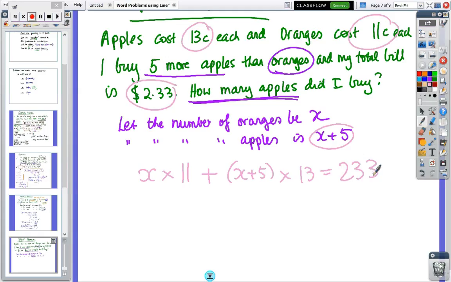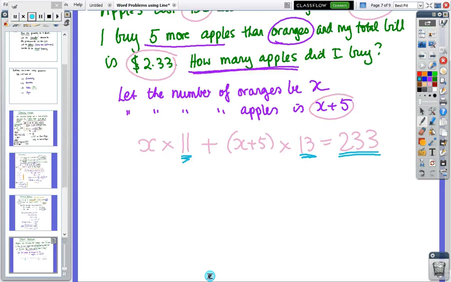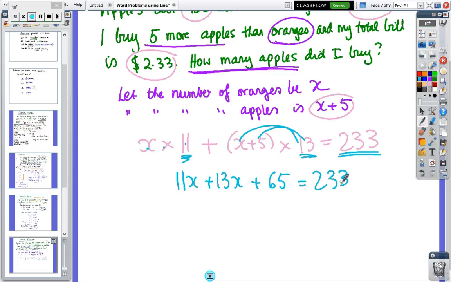If I'm dealing in cents here, I've got to have this number in cents. So x times 11 is just 11x. x times 13 is 13x. 5 times 13 is 65, equals 233.